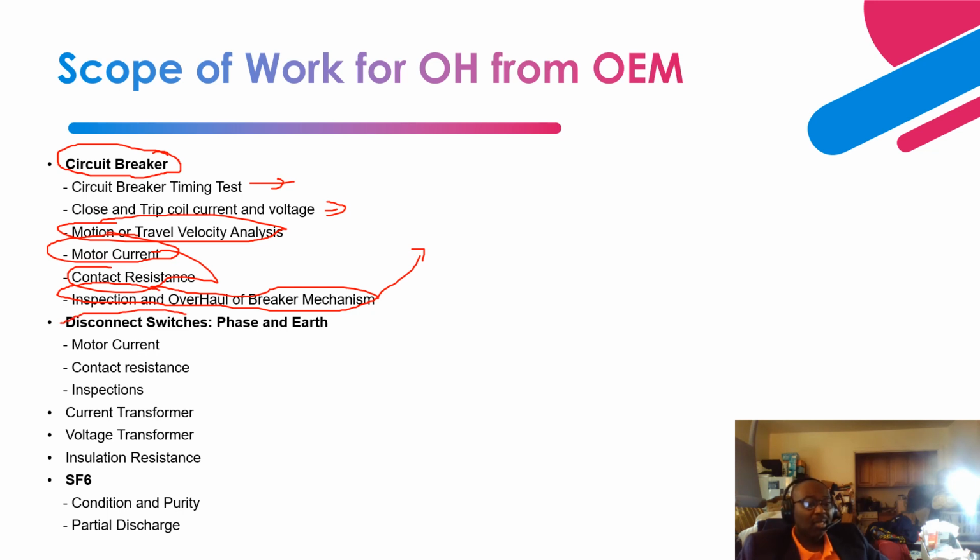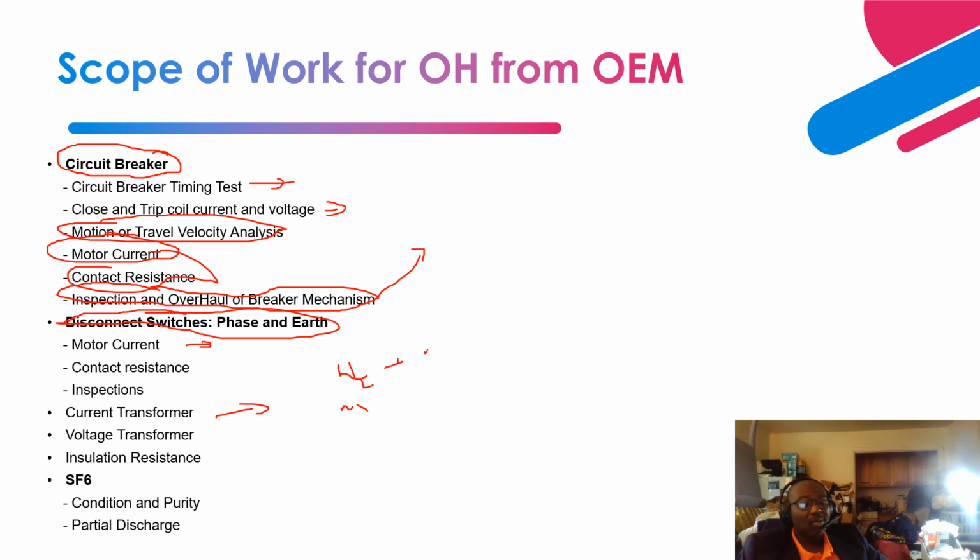Now let's talk about the disconnect switches. We have the phase and the earth switches. The motor current, the contact resistance and other inspections are done to make sure that the mechanical mechanism and everything is aligned properly for the disconnect switches. Next are the current transformers. Testing is done for turns ratio, magnetization, the saturation curve, and insulation resistance.